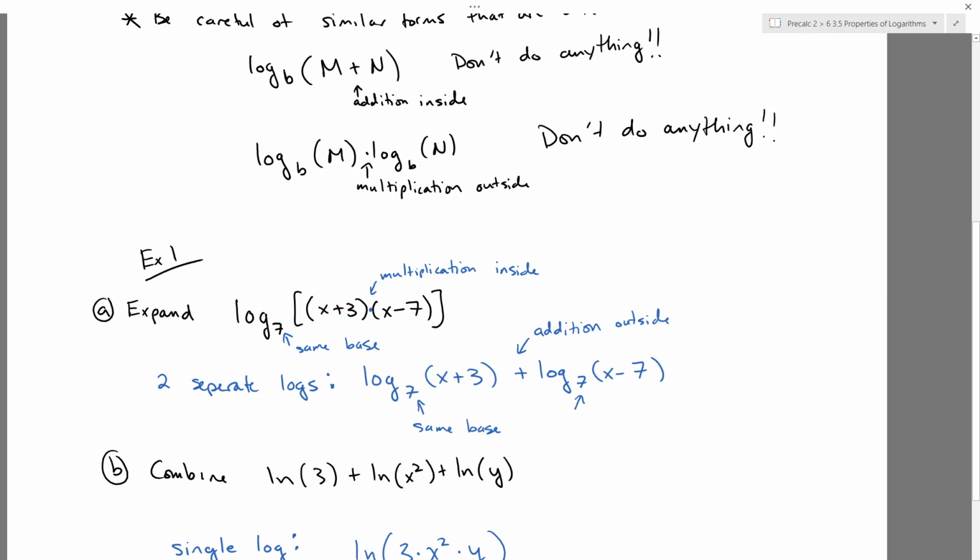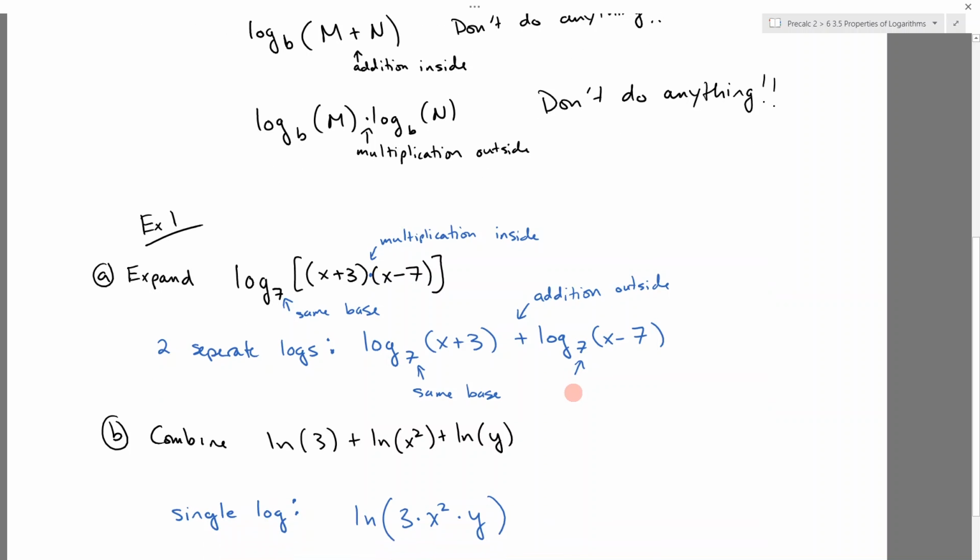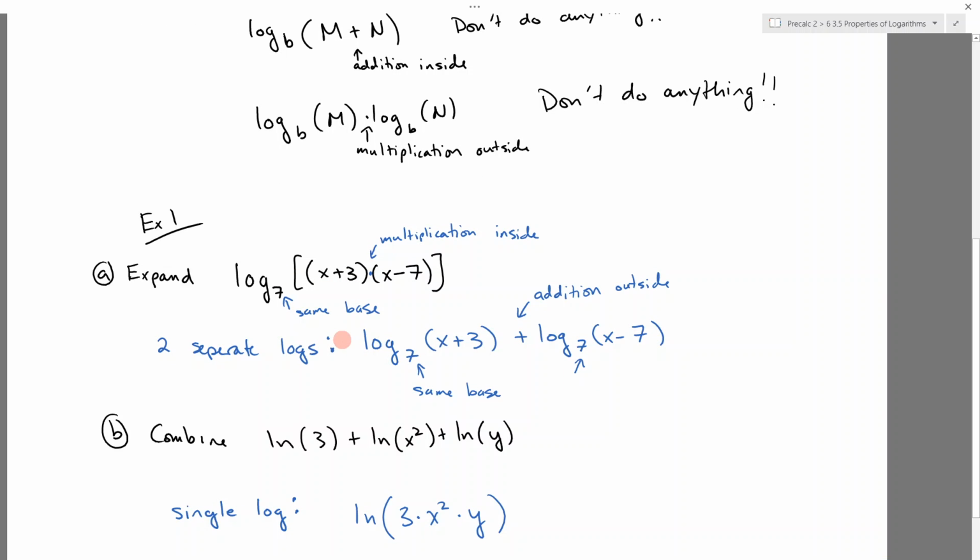And what goes with each separate log is the individual factors that have been separated. The x plus 3 goes with the first one, and the x minus 7 goes with the second one. So that's how we separate the logs.